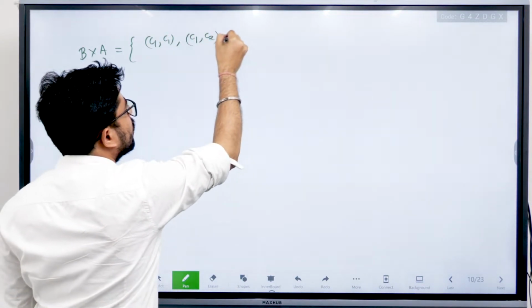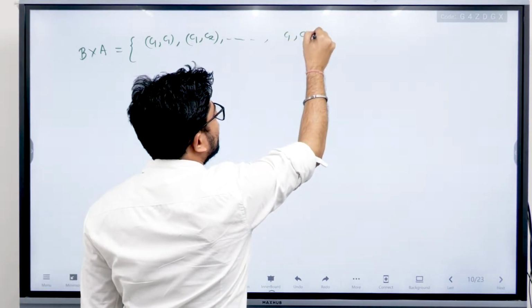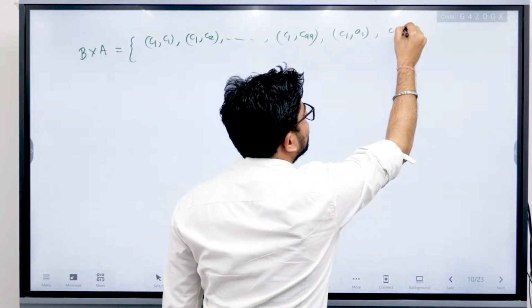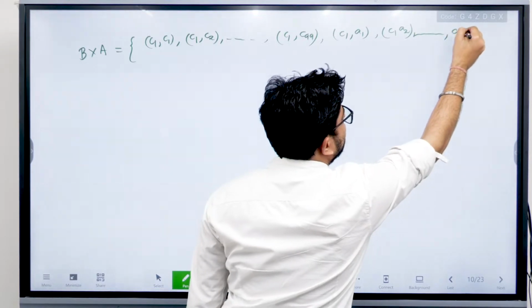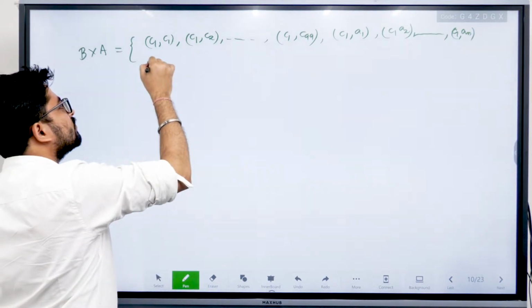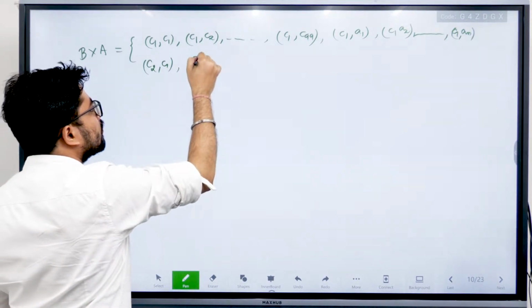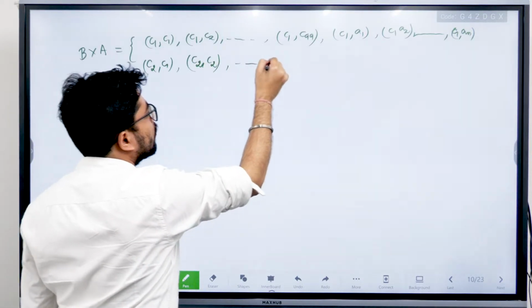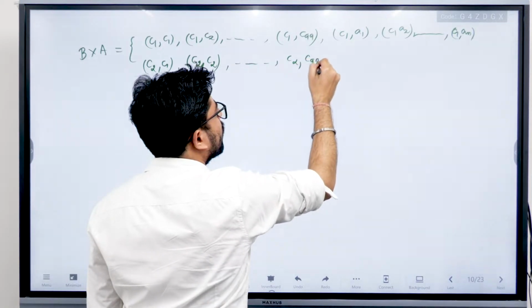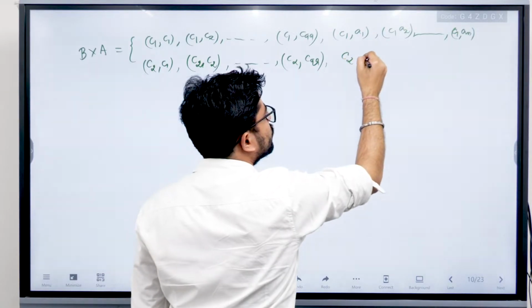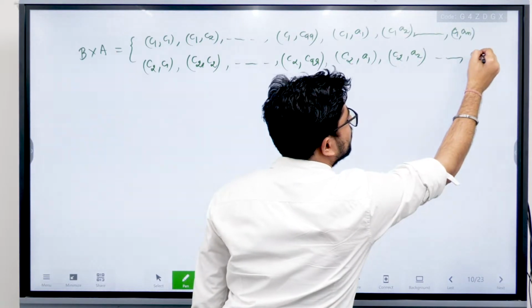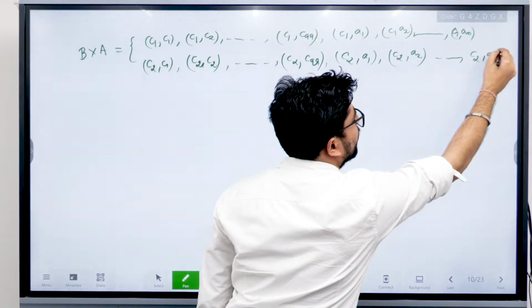Similarly you have this thing for C2: C2 C1, C2 C2, C2 C99 and C2 A1, C2 A2 and C2 AN.